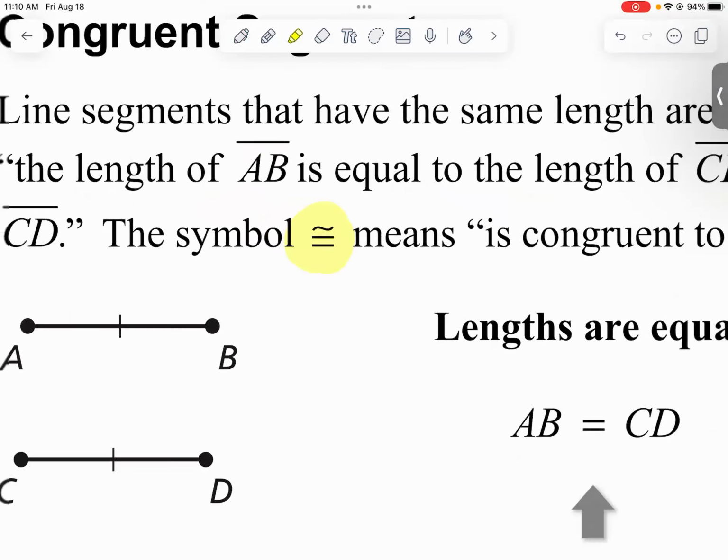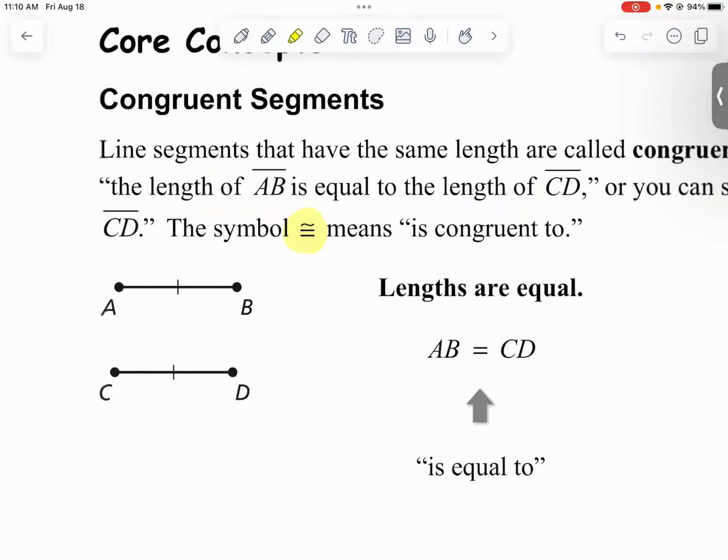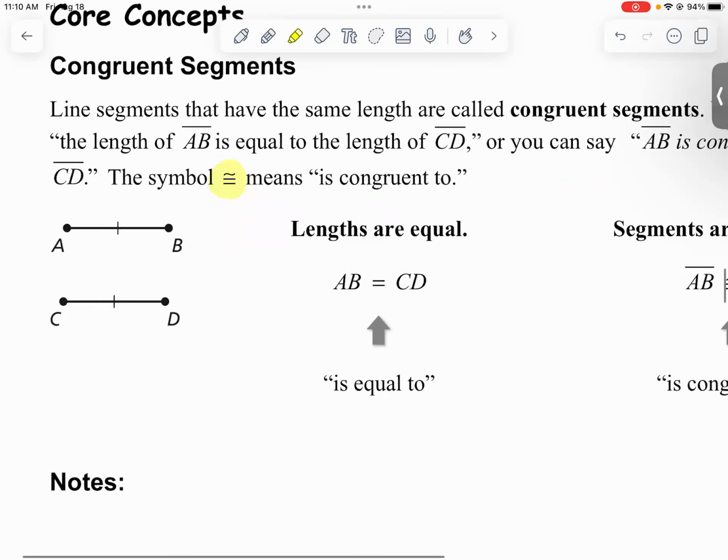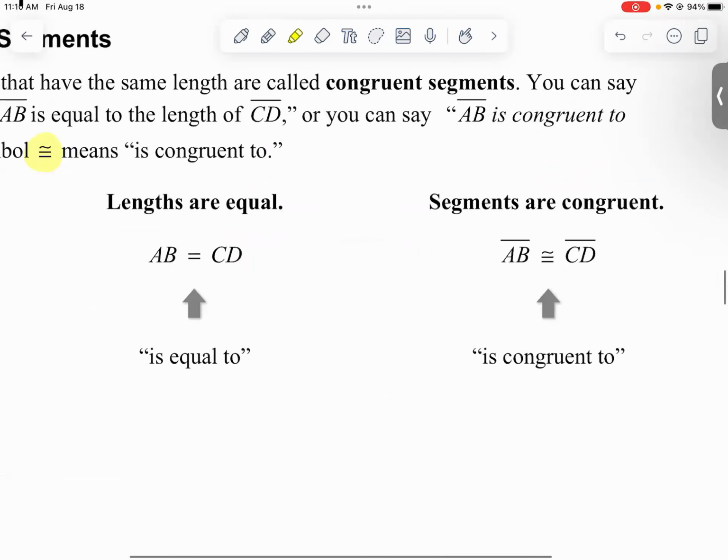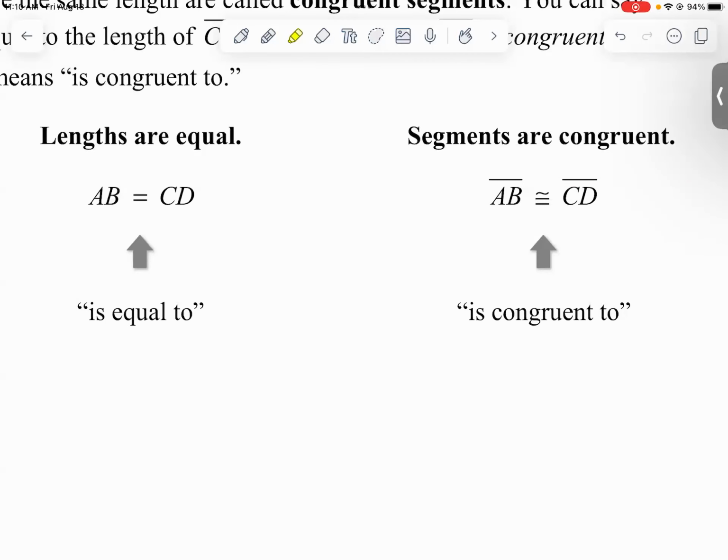Okay, so here I'm going to point this out. When there are no lines above the segment, then we're talking about its measure. How long is our segment? So AB is equal to CD means our lengths are equal.